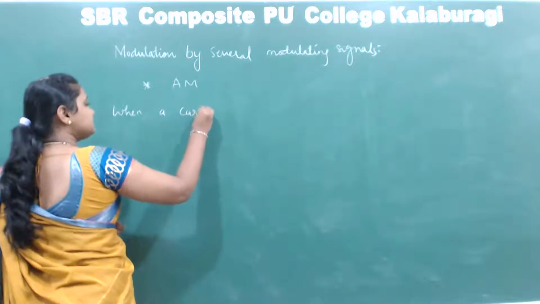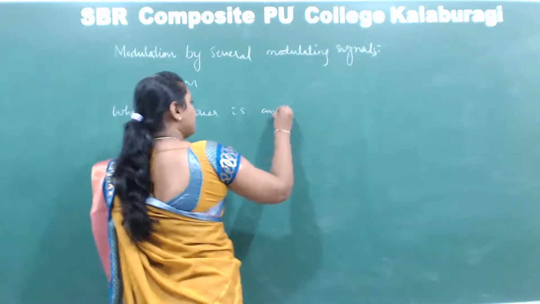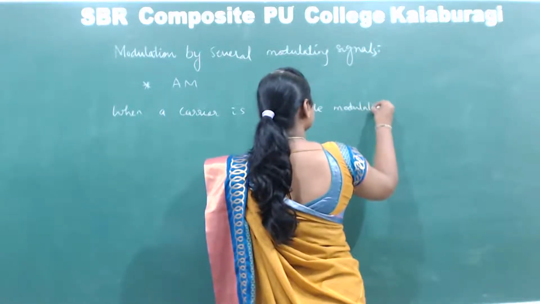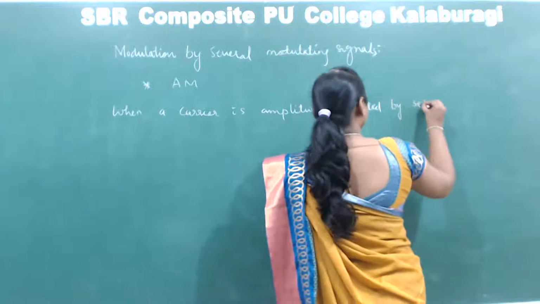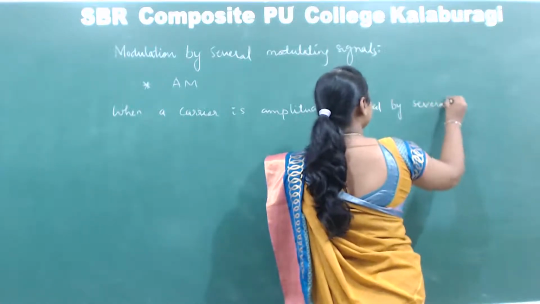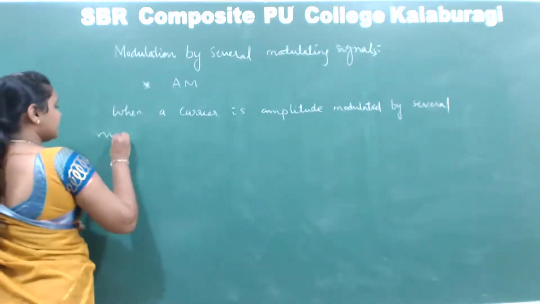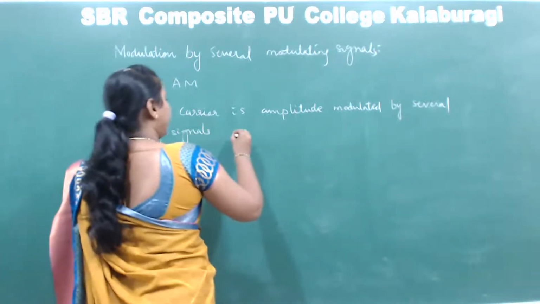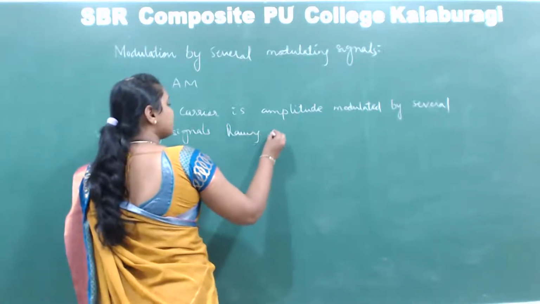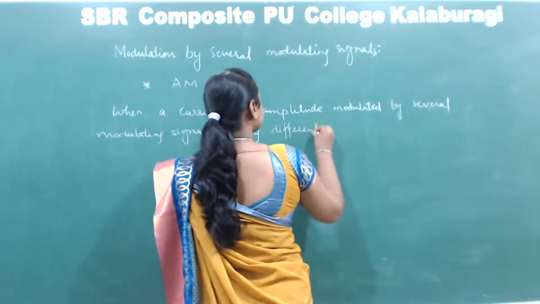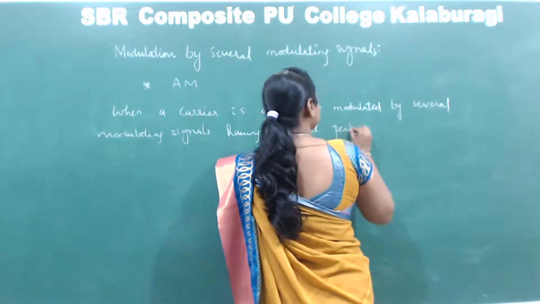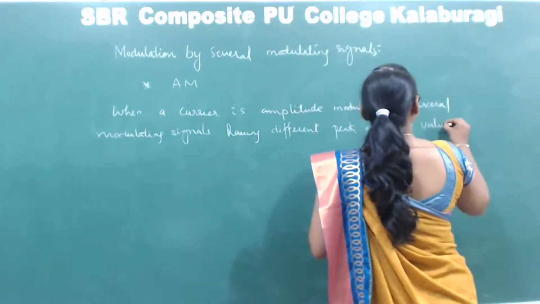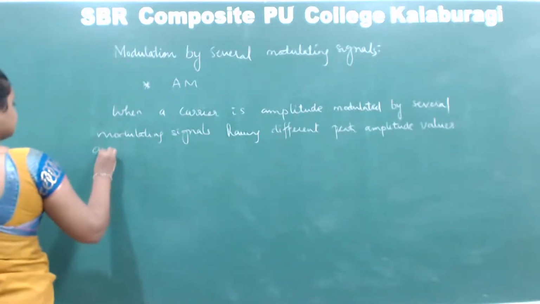So when a carrier is amplitude modulated by several modulating signals having different peak amplitude values and frequencies.